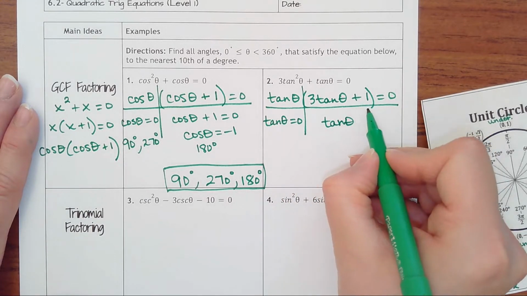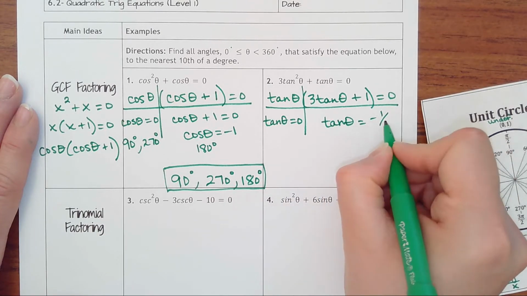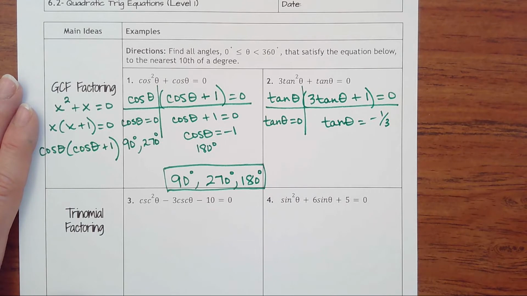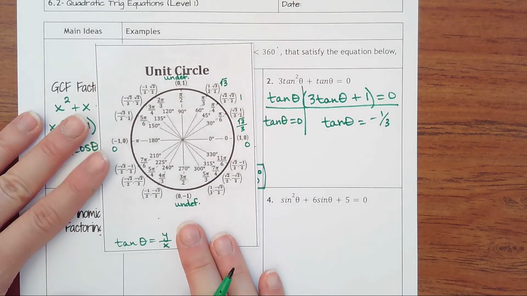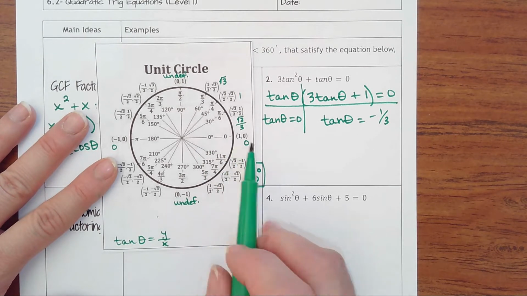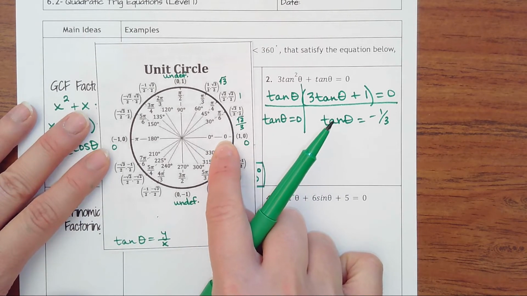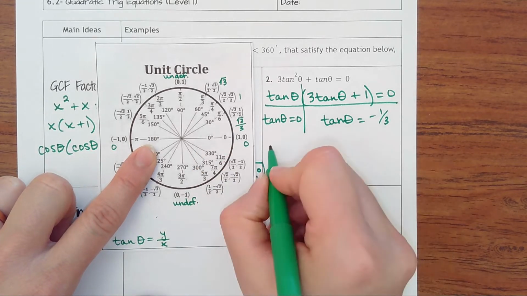You're going to subtract the 1 over. So it's -1 divided by 3. So it's -1 third. Tangent of theta 0. That is where is y divided by x 0. That happens here at 0 degrees and here at 180 degrees.